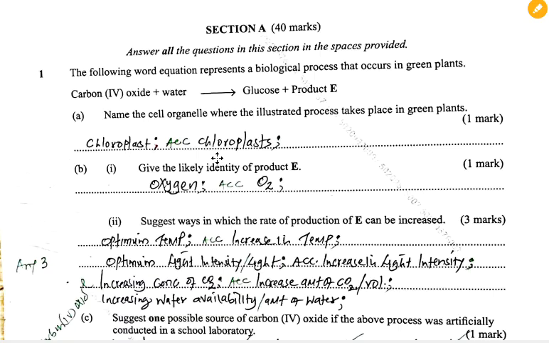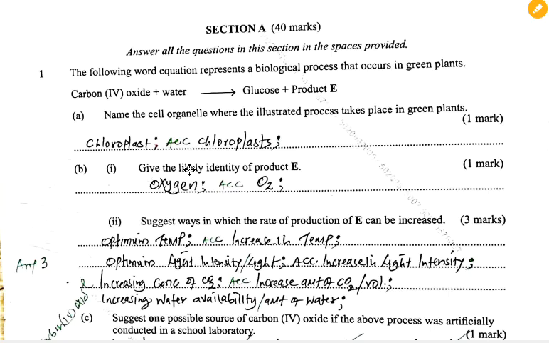And that is a chloroplast, simply because this process is photosynthesis, where the carbon dioxide combines with water in the presence of light to produce glucose and oxygen, and it occurs in a chloroplast because they have chlorophyll which is able to trap light energy, and the light energy is used to split water molecules into hydrogen ions and oxygen, and some of the energy is used in the manufacturing of adenosine triphosphate, which is later used in the dark stage of photosynthesis.